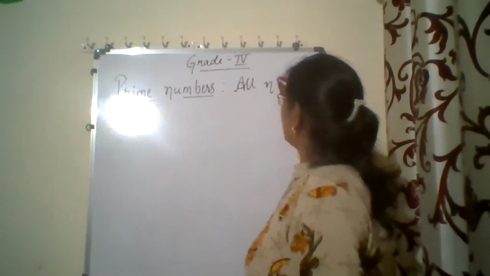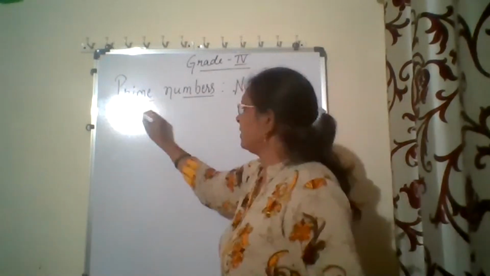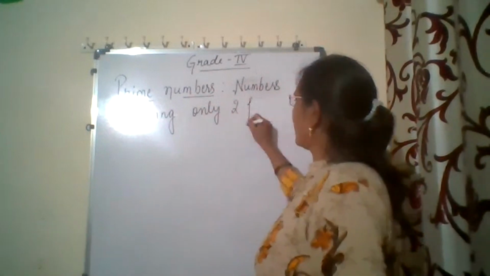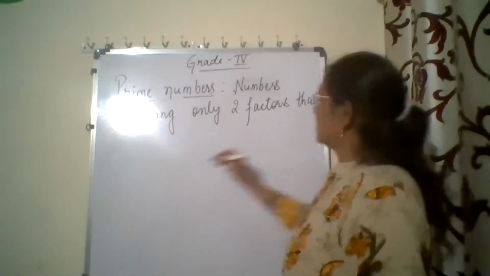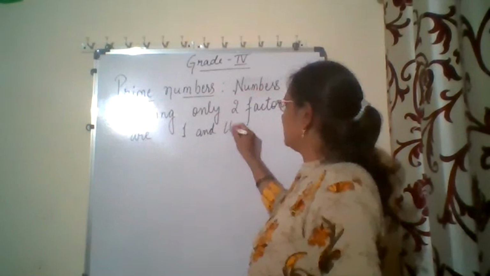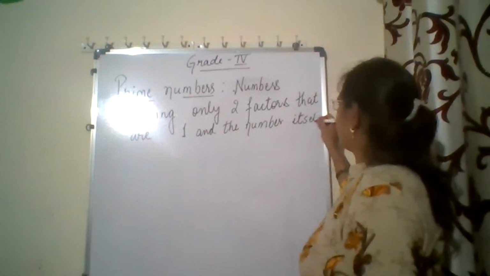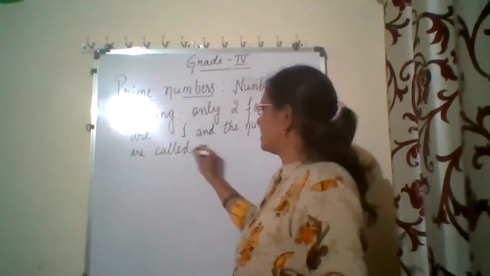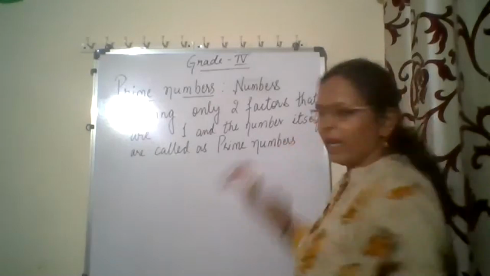All numbers having only two factors, that are 1 and the number itself, are called prime numbers, right?